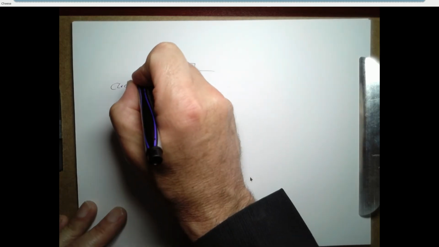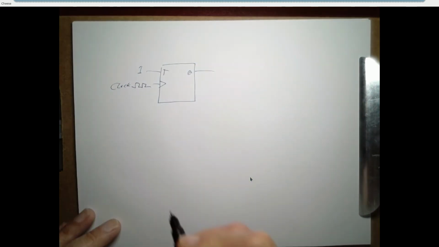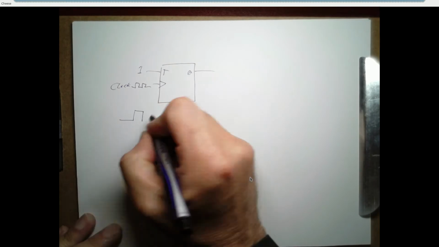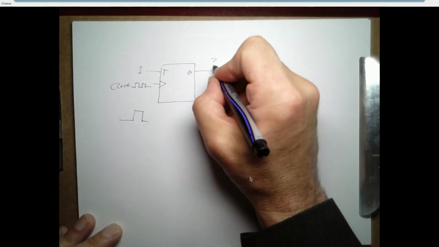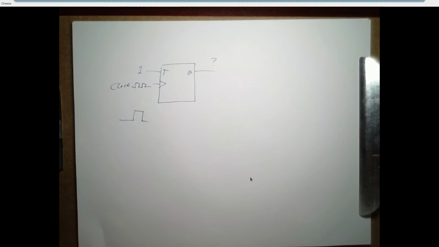I set my T to a 1, and the clock goes high and low. What is the Q output now? Is it a 1 or a 0? We don't know. What we know is that it's the opposite of whatever it was before the last clock tick, because my toggle input says toggle the output when the clock ticks.